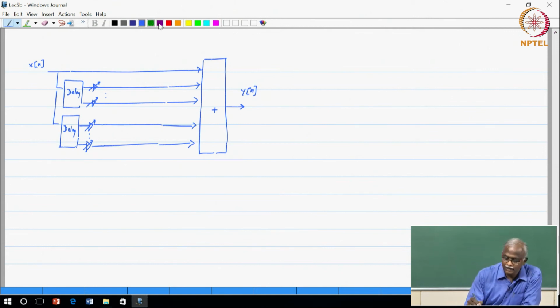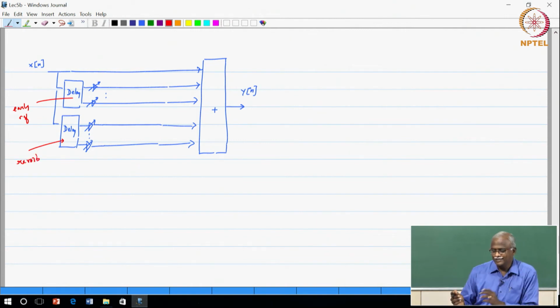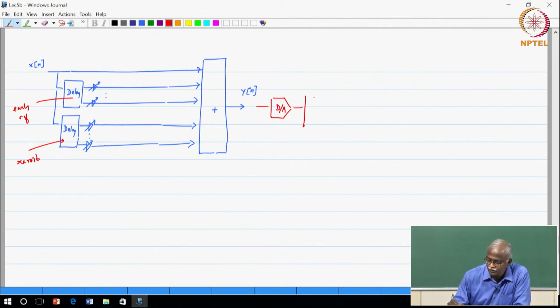These are the early reflections, and these are the reverb components. Okay, and this is what will then get passed to a D to A converter and then played back through your stereo headphones.